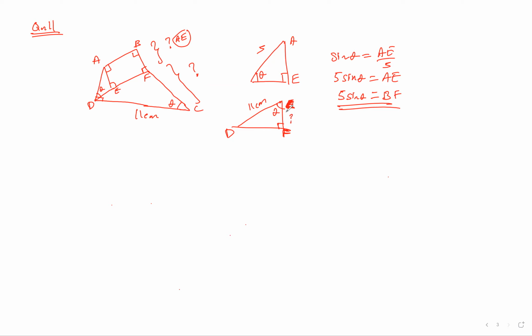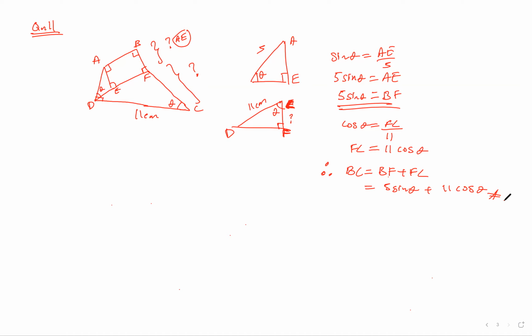This is A and H, so cosine theta is equal to FC over 11. So FC is equal to 11 cos theta. Therefore, BC is equal to BF plus FC, which is 5 sine theta plus 11 cos theta. So you have proven this already.